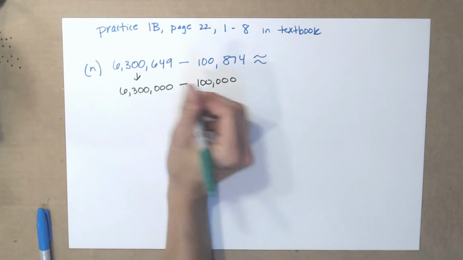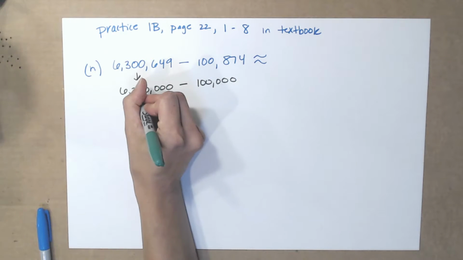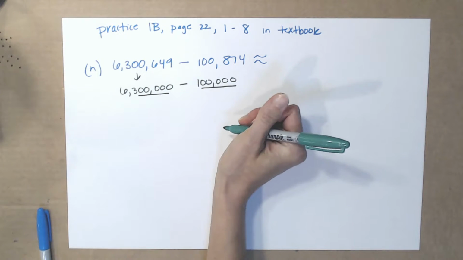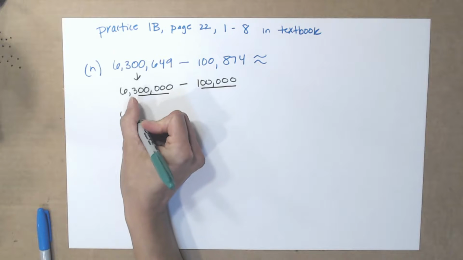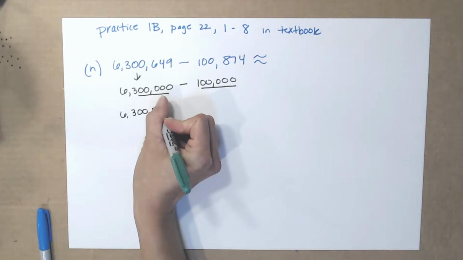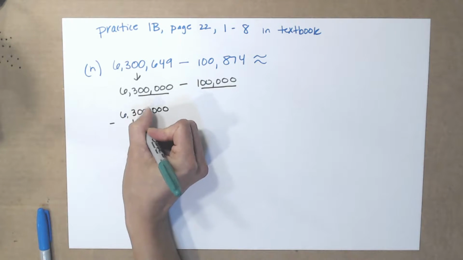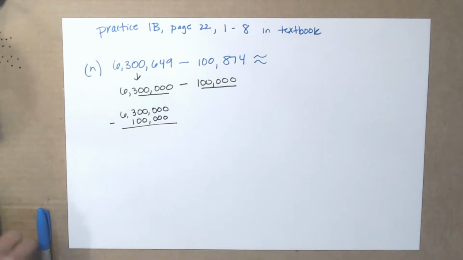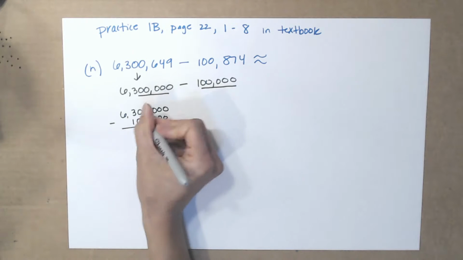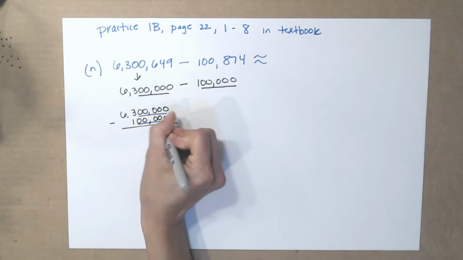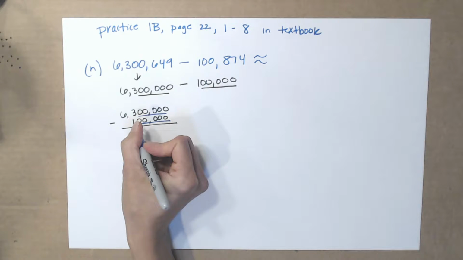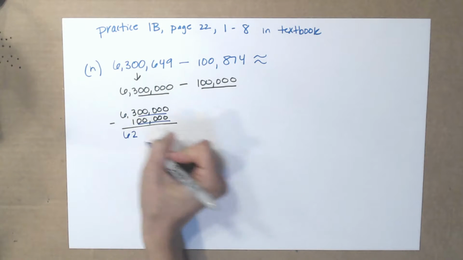Now I have two numbers and they both have 5 zeros. So you can kind of imagine them if you were subtracting this using a vertical algorithm. You can kind of imagine them like this. So those 5 zeros match up like this, and all you really need to do is subtract 63 minus 1, and that's 62.